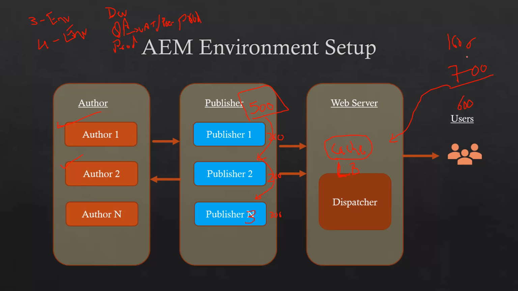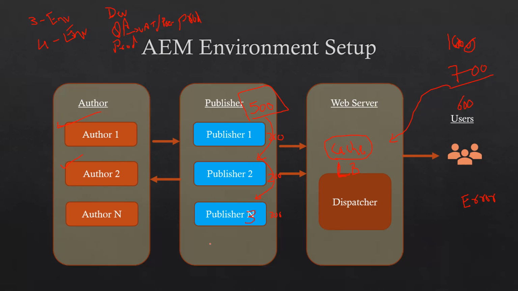But the rest of the 100 requests which cannot be served, all those users will get some kind of error, whatever we have configured: system is not available, 503 errors, or please wait for your time, or something like that, which is a bad user experience.